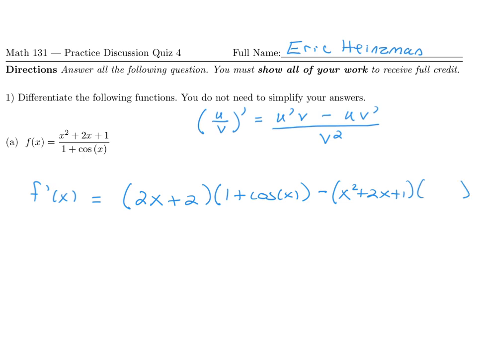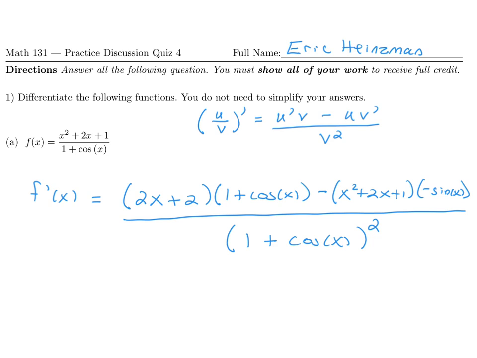The derivative of 1 is 0. The derivative of cosine is minus sine of x, and that is it. This whole thing is divided by the denominator, so that is 1 plus cosine of x, and that is the denominator squared. This, unsimplified, is the derivative f prime of x.